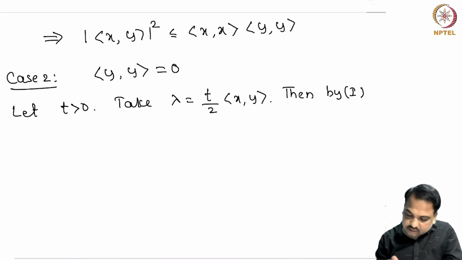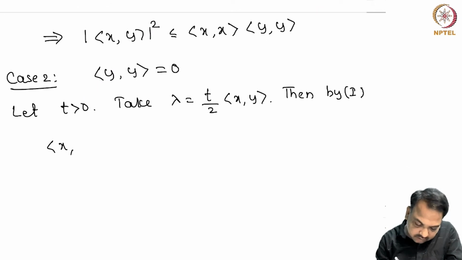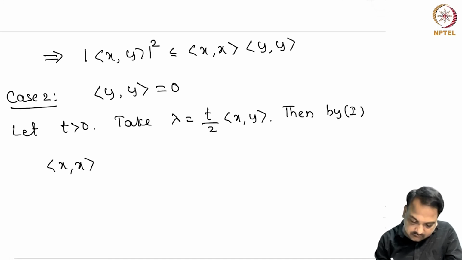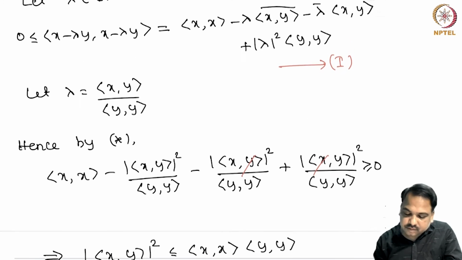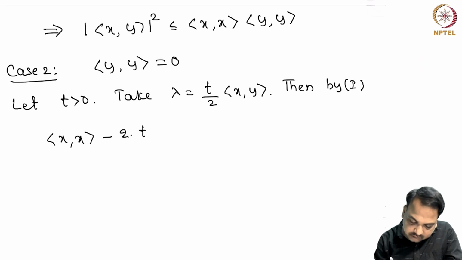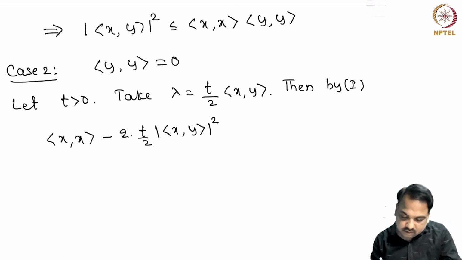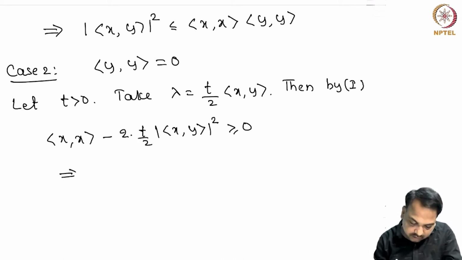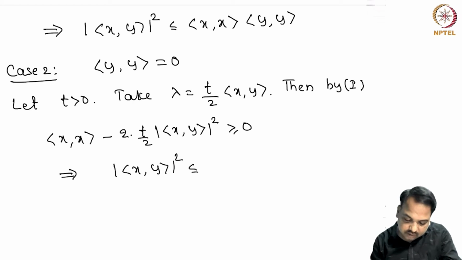So what we get is the semi-inner product of x with x minus two times t by 2 mod semi-inner product of x with y squared is bigger than or equal to 0. So this implies the mod semi-inner product of x, y squared is less than or equal to t times the semi-inner product of x with itself.